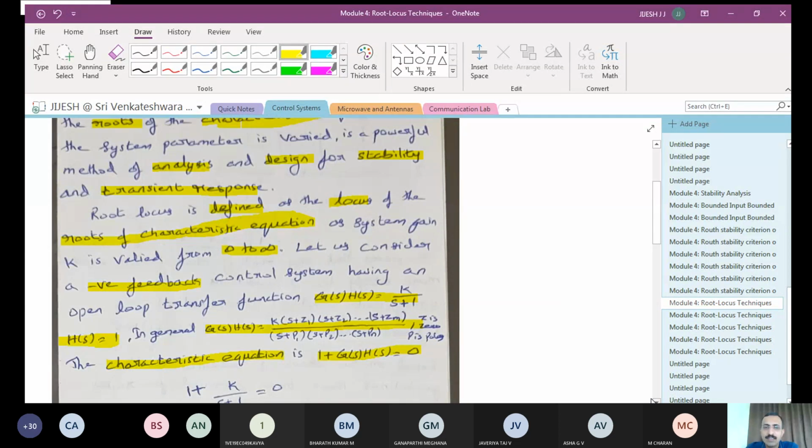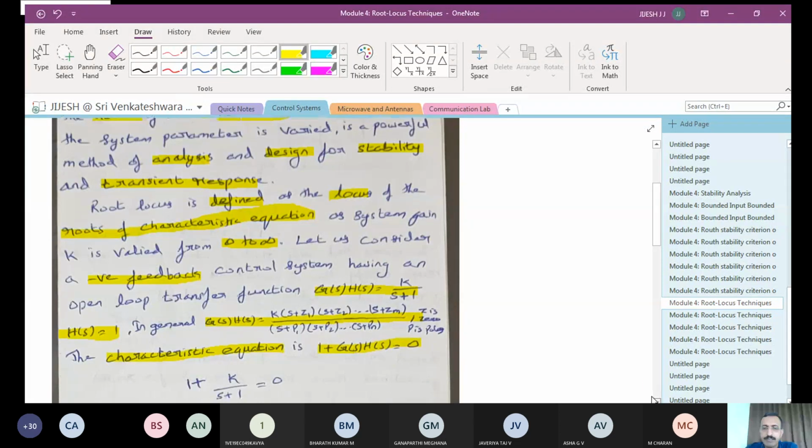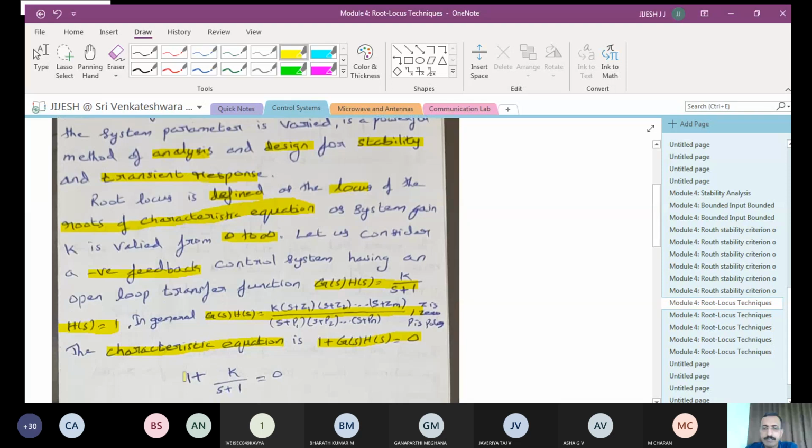We have studied this before, so it is familiar to you. Substituting G(s) H(s) as K divided by s plus 1, you get 1 plus K divided by s plus 1 is equal to 0. So this is your characteristic equation.